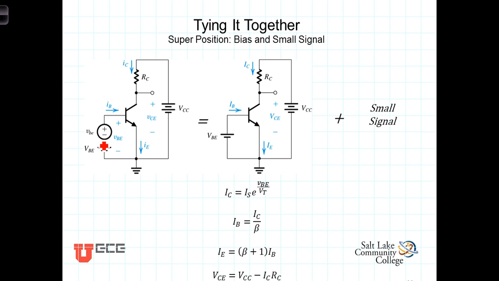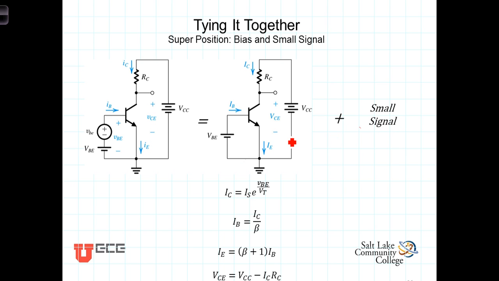And by staying in that linear region, by not letting these variations in VBE get too large, we can do our analysis of these circuits in terms of the large DC circuit involving only the DC values, or the bias circuit, plus some small signal. The total output then corresponds to the bias conditions plus the small signal.